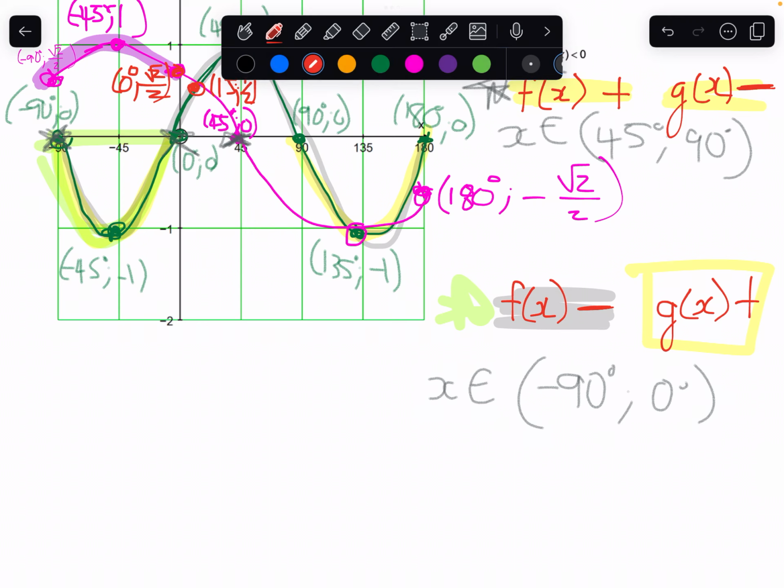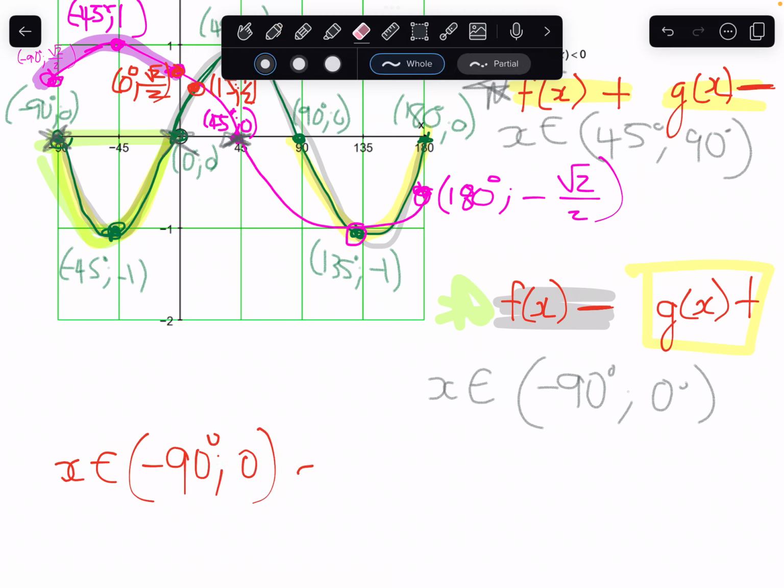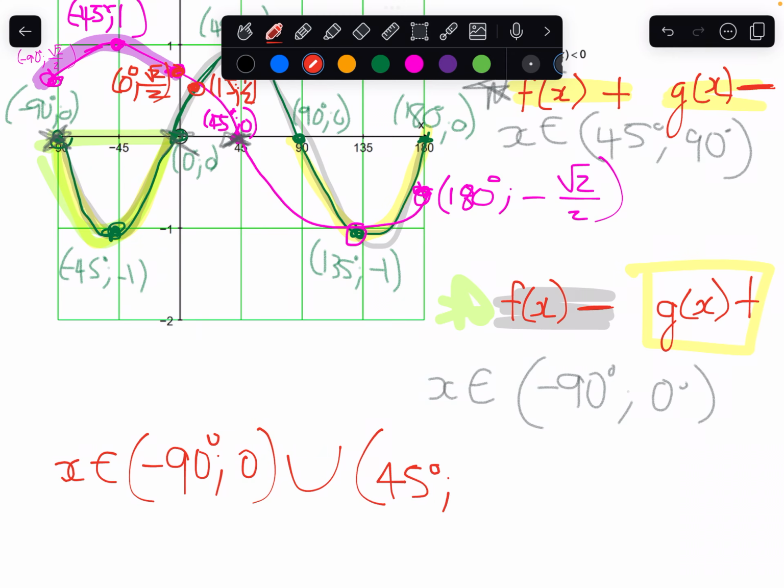Okay, so that gives us our solution. The product of the two functions' outputs is negative when x is between negative 90 and 0, or, which we can indicate with a union, it's between 45 degrees and 90 degrees.